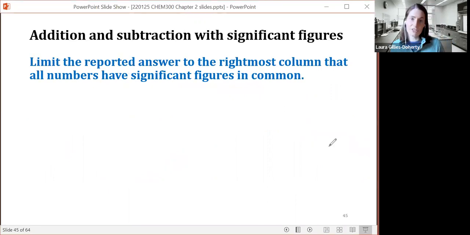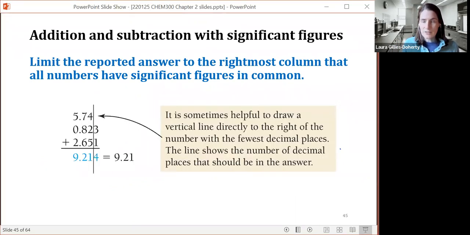Okay, next is for addition and subtraction. So if you're adding or subtracting numbers that have sig figs, you have to limit your final or reported answer to the rightmost column that all numbers have significant figures in common. So what this looks like is if you're adding 5.74 plus 0.823 plus 2.651, you would line up these numbers and then draw a dotted line or cut it off at the last column that they all have sig figs in.